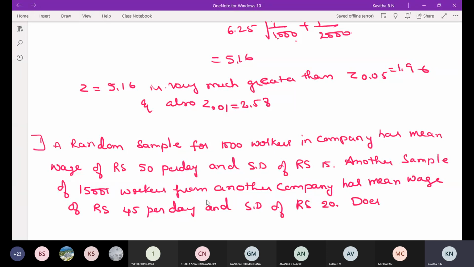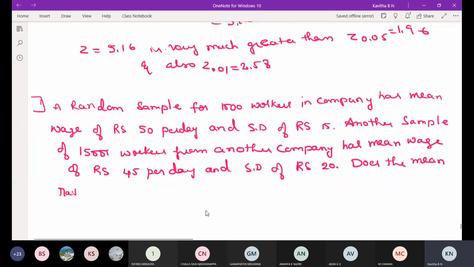Thus, does the mean rate of wages vary between the two companies?